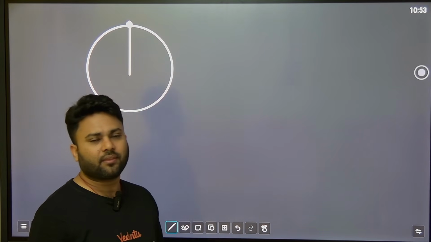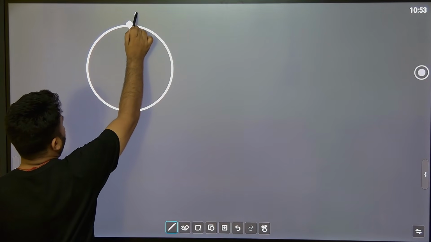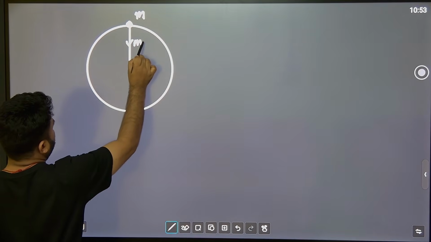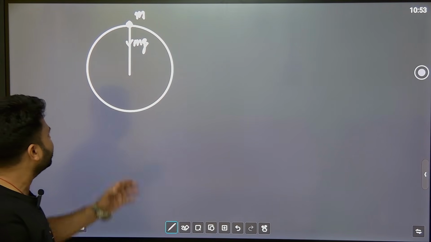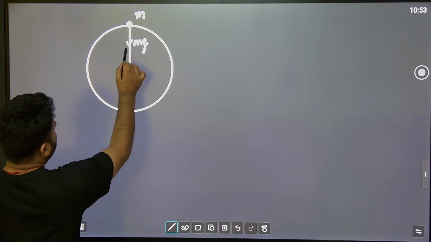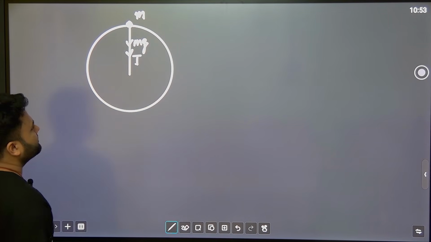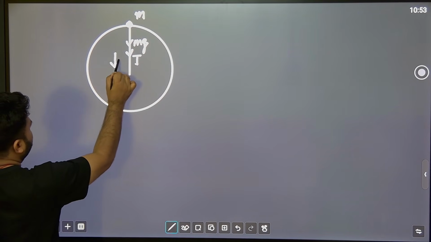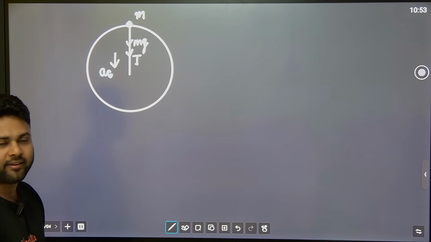This ball is of mass m, so one force will definitely be mg downward, because mg always acts downward. Tension acts away from the body, so here will be tension. And as you know, there is always one acceleration towards the center, the centripetal acceleration.